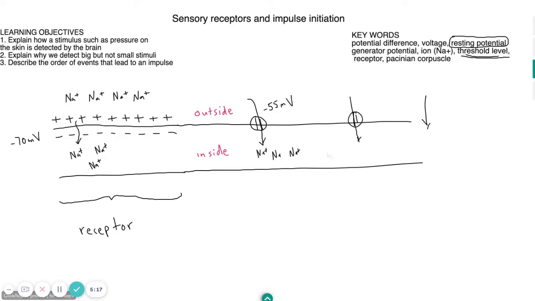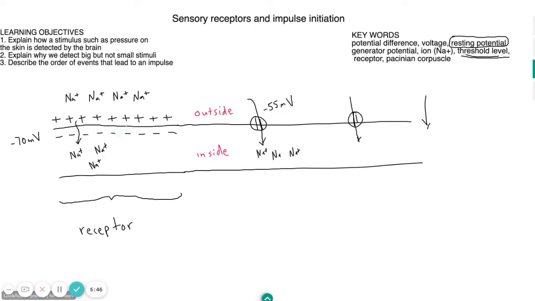This is only going to happen if enough sodium ions diffuse in in the first place. And the only way you're going to get enough sodium ions to diffuse in is if this membrane becomes permeable enough. The thing that dictates how permeable this membrane will be is how big the initial stimulus is. This applies also to the light receptors in the retina.